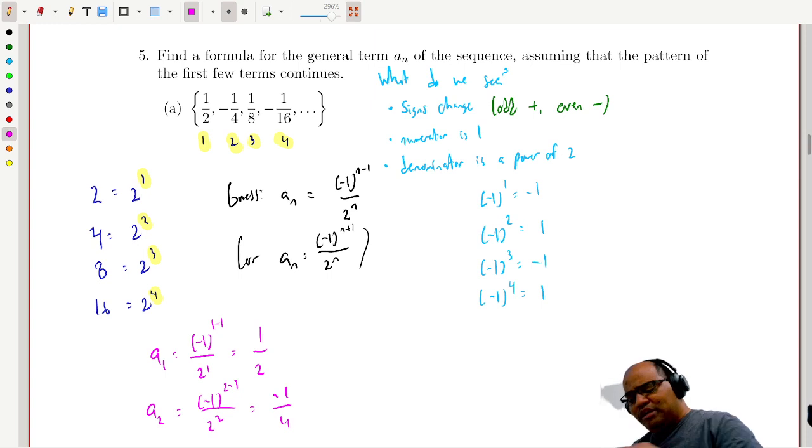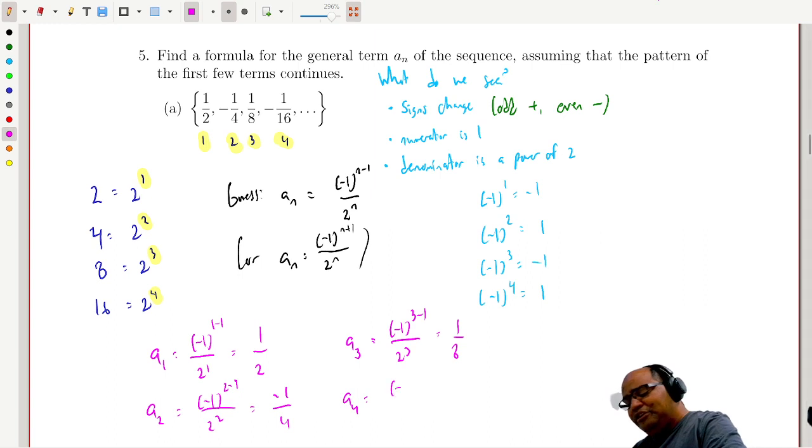Then over 4. Okay. Let's keep checking. Just as a sanity check, we want to make sure our rule works here. We get these same terms, so 3 minus 1 up there. 2 cubed. We get a positive in the numerator, and in the denominator we get an 8. And I think you're probably convinced that this indeed works. Minus 1 over 16. So is that our rule? You bet.